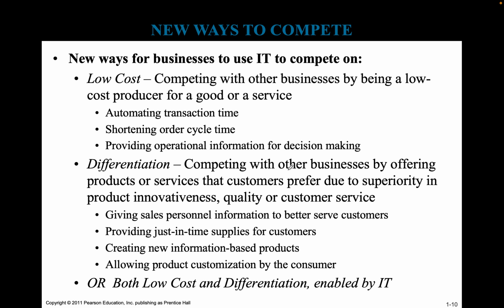Another thing is to provide operational information for decision making. All the operational information must be brought to management's decision in order to improve and get better. Another thing you need to do in order to compete in today's world using IT infrastructure is differentiation. Now, what do you mean by differentiation? You must be able to come up with a competitive alternative.